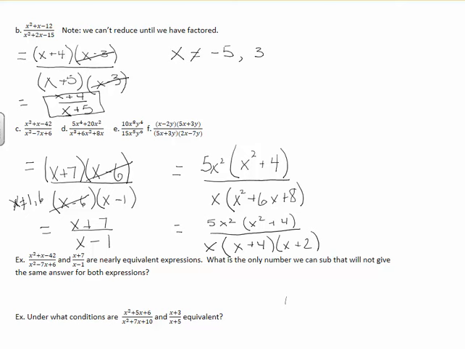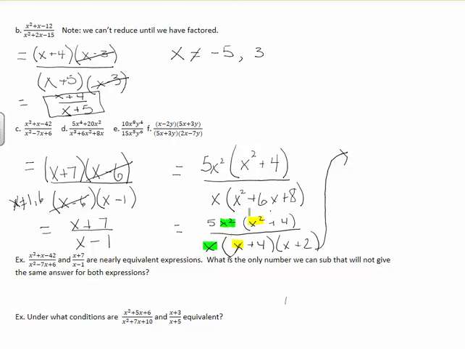Now at a glance, it appears that you can cancel out your x plus 4 binomials, but they're not identical because of that exponent. I'm just going to highlight that for you so you can see the difference. My x squared is not the same as just x, so these two binomials could not cancel out. The only thing that can cancel out is our x squared and our x. I have 2 x's here and 1 here.